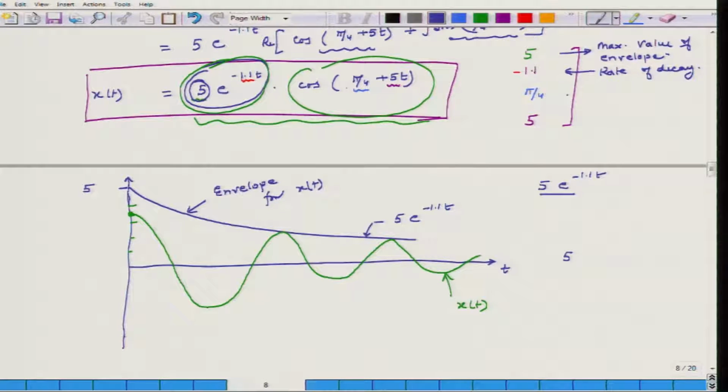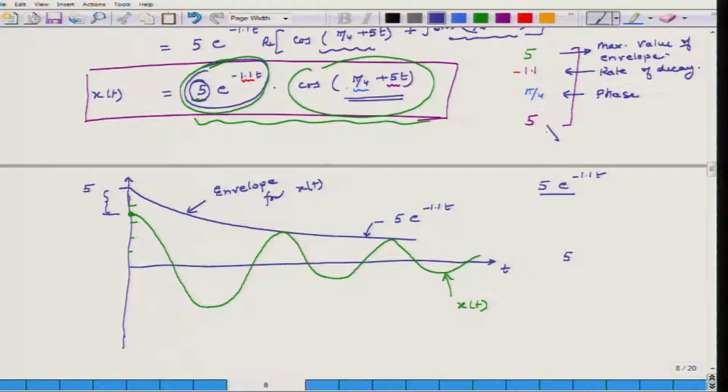The third number is pi over 4, and pi over 4 comes with the cosine term. If pi over 4 becomes 0, then this difference becomes less, right. So, the value of this pi over 4 is nothing but the phase of the signal.